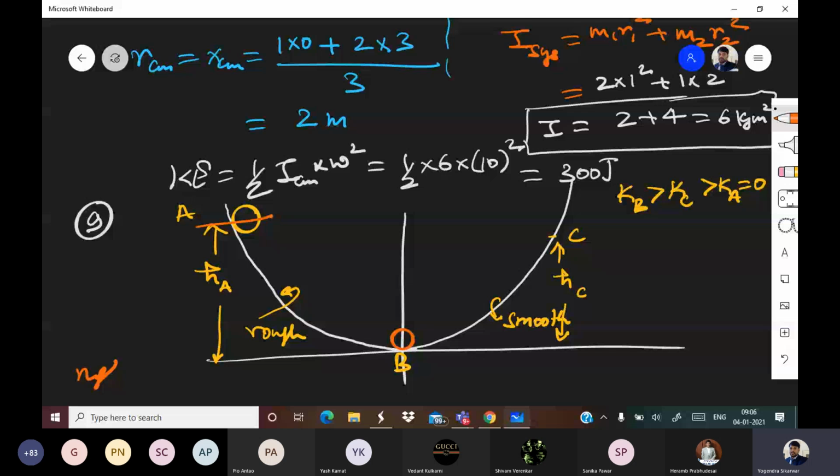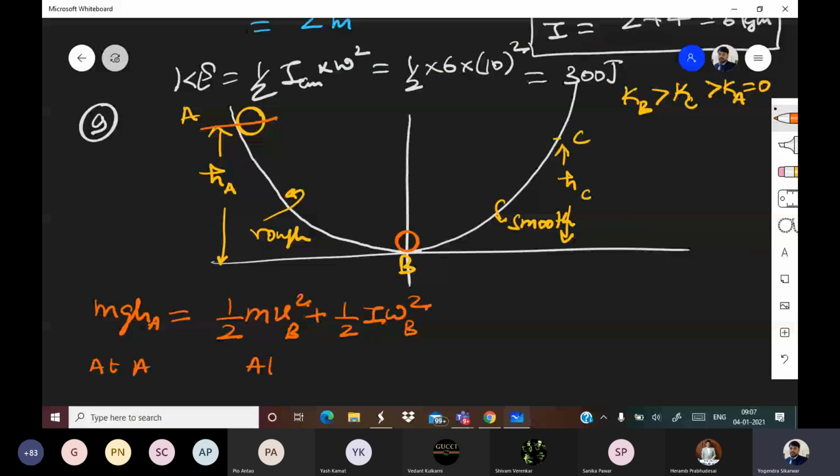Now at C, listen carefully. As it has gone up to height C, it will be mgh_C plus half m into 0 square, because velocity at C will be 0, but as the surface is smooth, omega will be there.